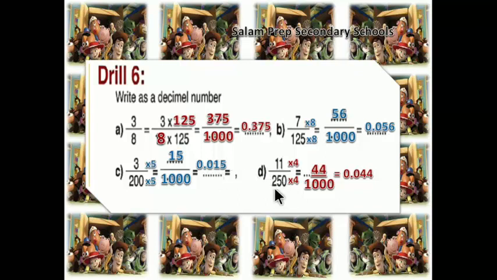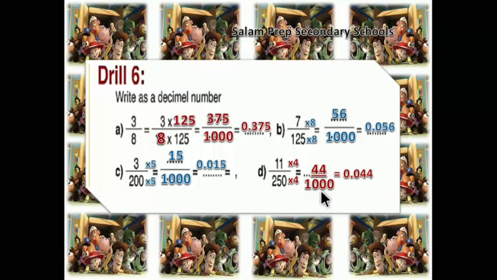11 over 250. We know 25 is a friend with 4, so we can use multiply by 4. 250 times 4 equal 1000. 11 times 4 equal 44. 44 over 1000.